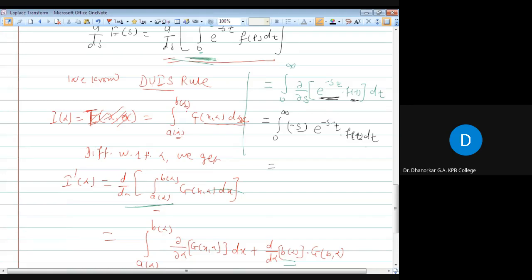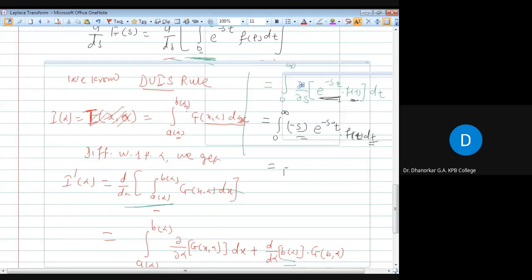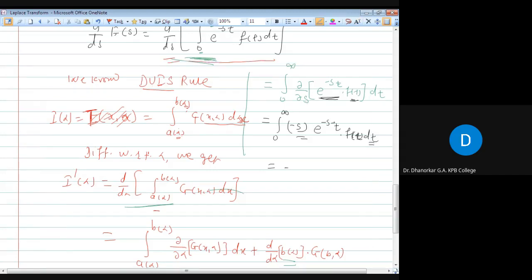Now we are integrating with respect to t, therefore s is constant. Sorry, we are finding the partial derivative with respect to s.